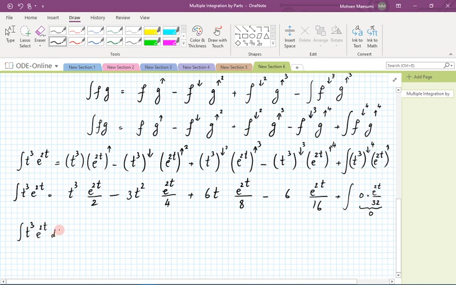Now let me go ahead, be complete. So it becomes t cubed exponential of 2t over 2 minus 3t squared exponential of 2t over 4 plus 6t exponential of 2t over 8 minus 6 exponential of 2t over 16, and now we put the constant.